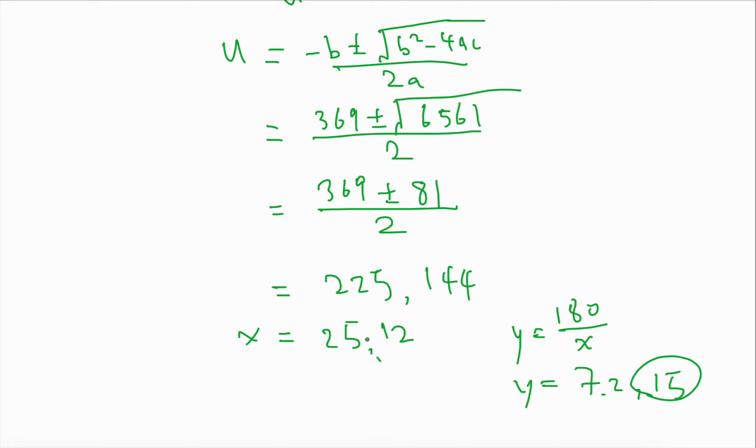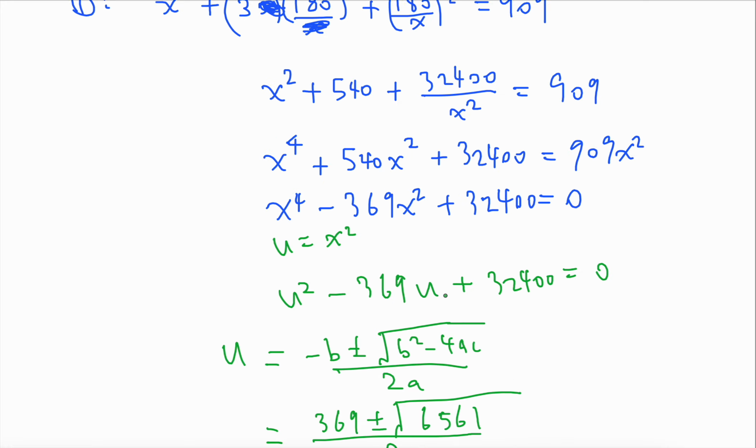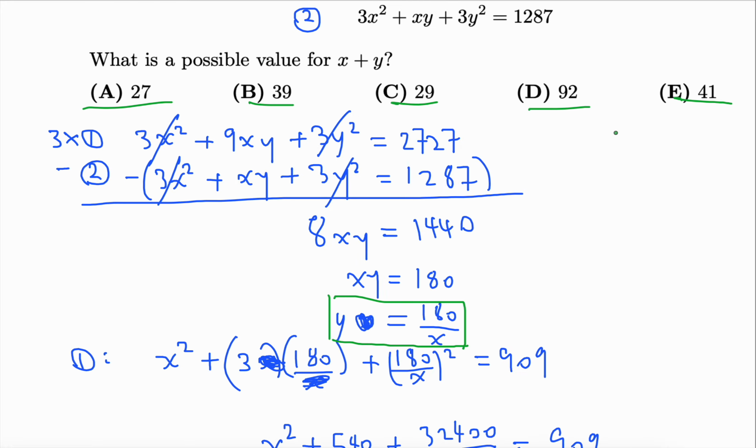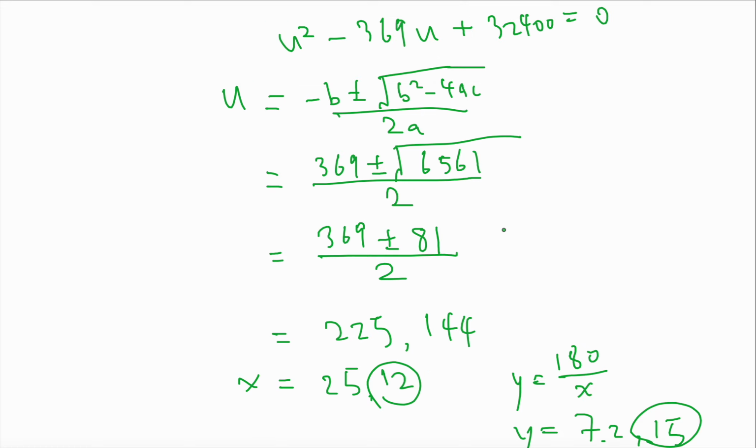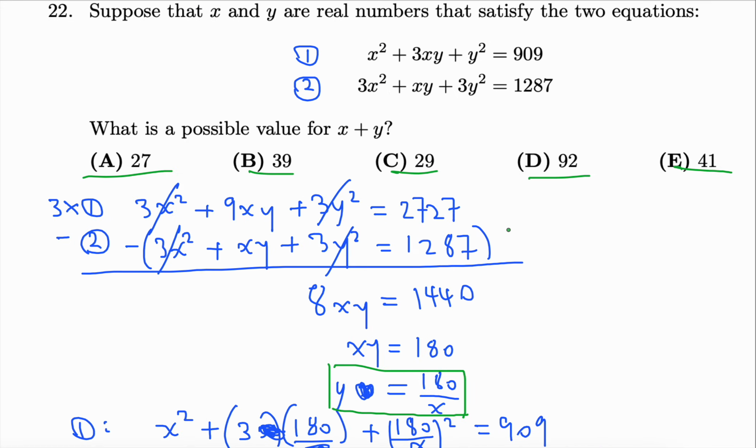I feel like it would be these because I don't see any decimals in any of the answers, right? So if we take 12 and 15, the sum of 12 plus 15 is 27.